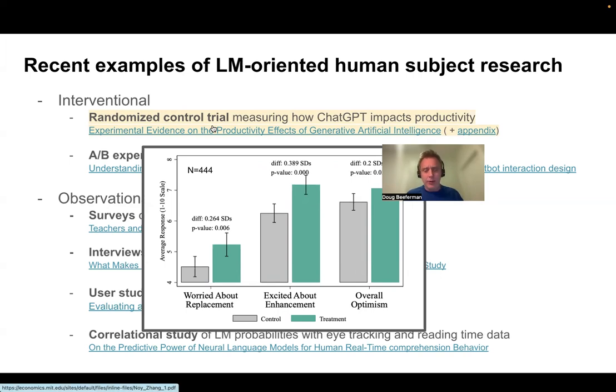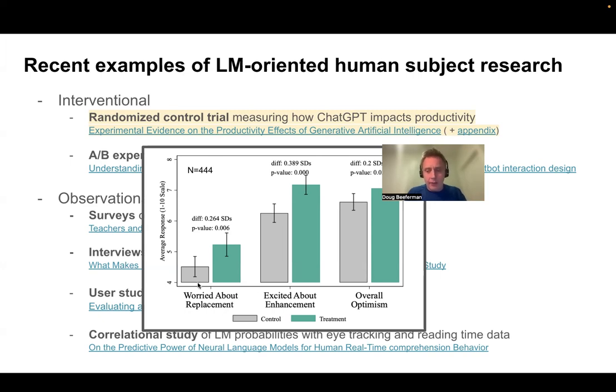They did a randomized controlled trial where they took different kinds of white collar knowledge workers and had some of them do their tasks with a chatbot and some of them do their tasks without a chatbot, and then asked questions about how they felt about the task. They measured the time that it took them to do the task and then asked them questions like, are they worried about replacement? Are they excited about the enhancement that they got from using the tool? And then what's their overall optimism about AI?